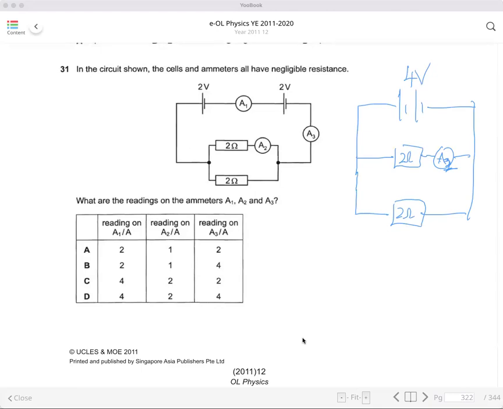Yi-Ting, incorrect. I want all of you to calculate A2 first. I redraw it like this, it should be easier to see, but it looks ugly. Let me draw again. Everybody go and calculate A2 first. Then from there you can do your A1 and A3.